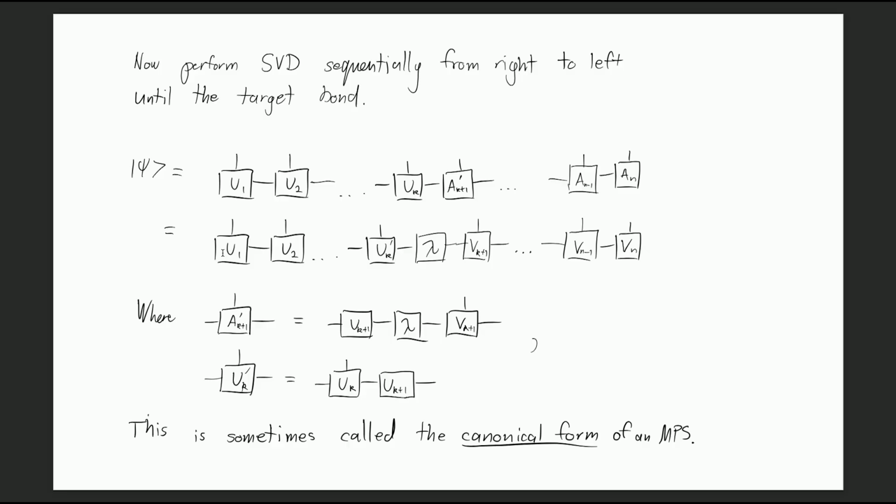You'll have unitaries on the left of your bond K, unitaries on the right of bond K, and then you'll have one matrix of singular values on bond K, like this. Right. So this is sometimes called the canonical form of an MPS.